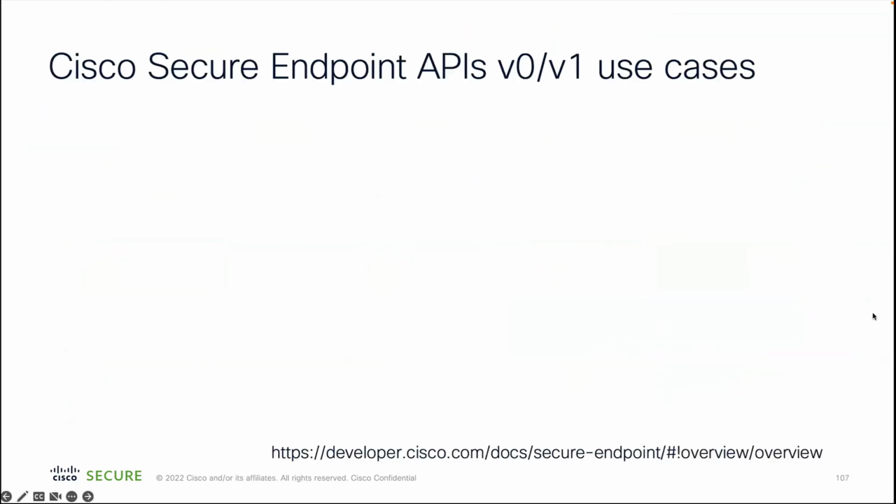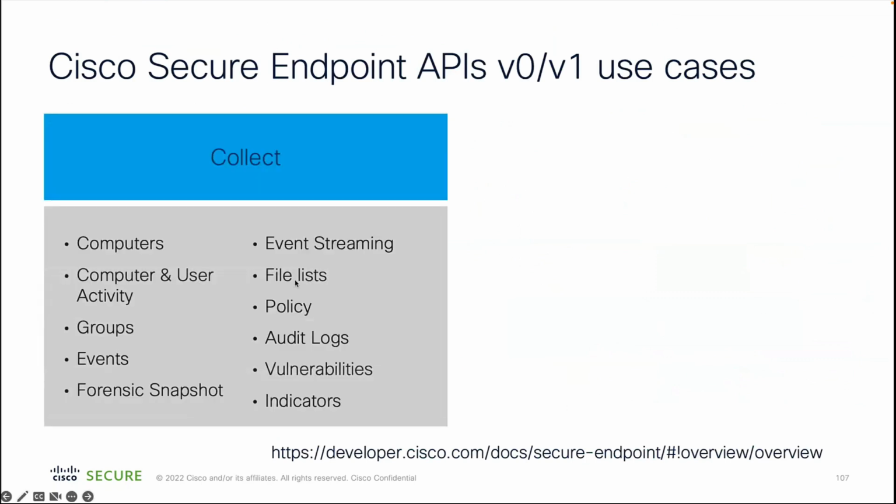There are two sets of APIs with Cisco Secure Endpoint. There is the original one, which is version 0 and version 1, which allows you to collect data about your endpoints, the users, data about the groups that these endpoints are part of, events related to specific endpoints, and gives you access to collect a forensic snapshot using Orbital integration, right?